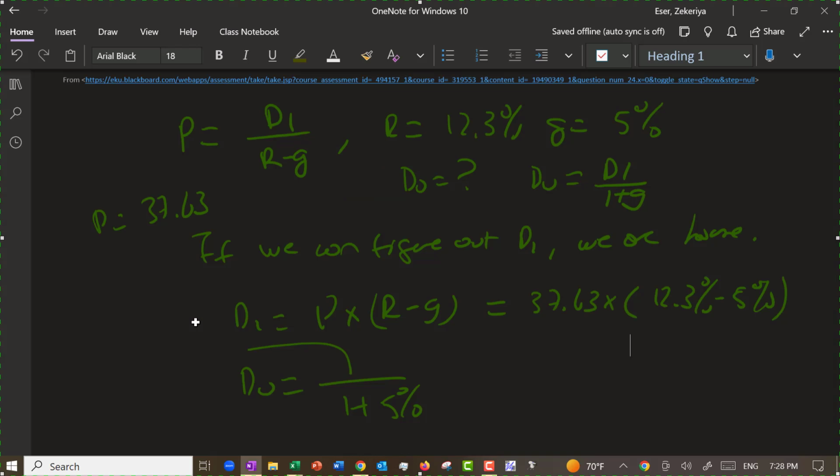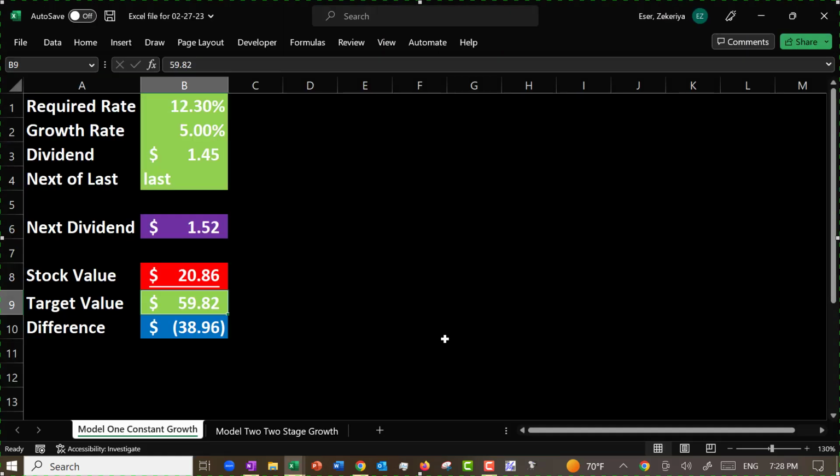This is called mathematics. I have an equation solver, okay? I know all the inputs except one, and I know the output. Go to data, what if analysis, goal seek.